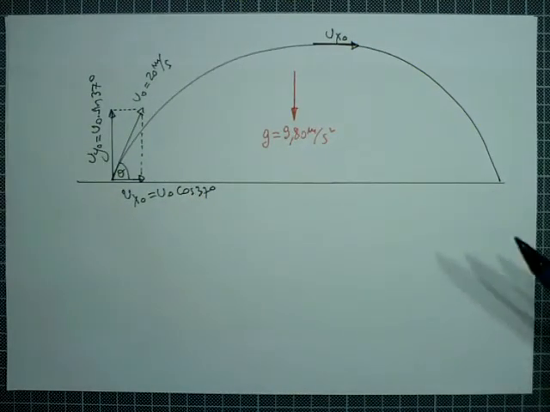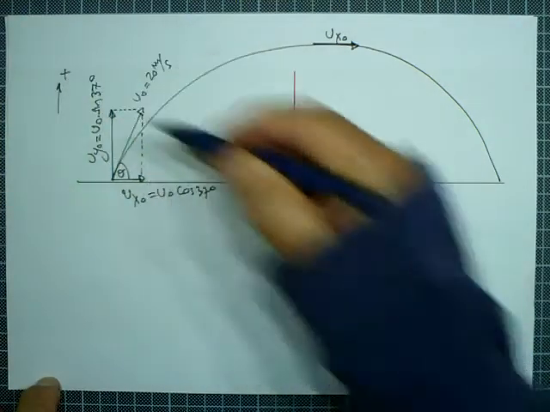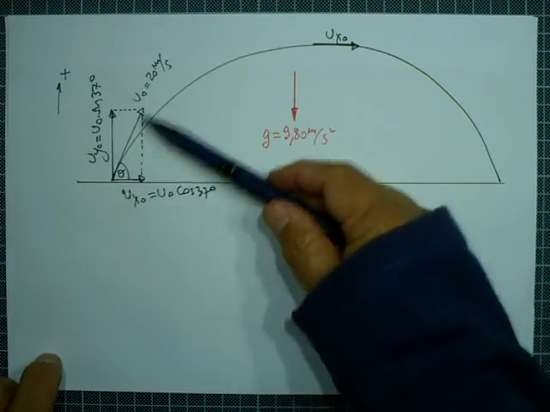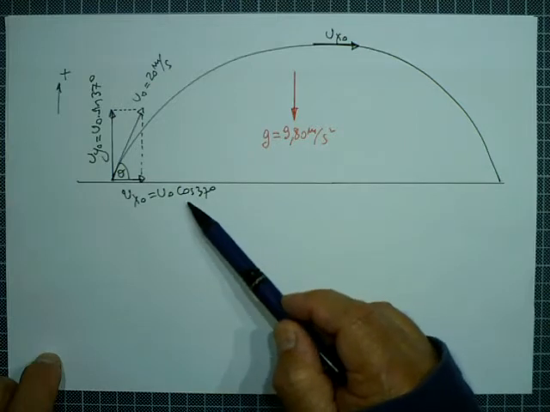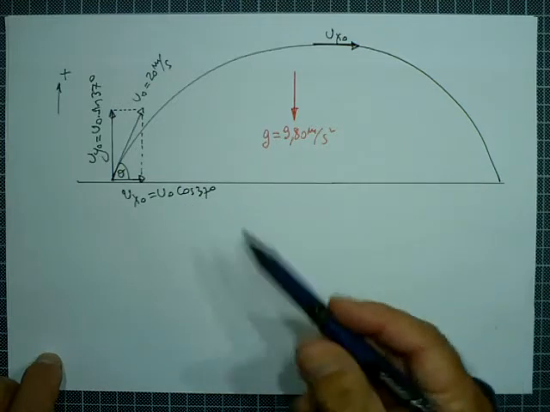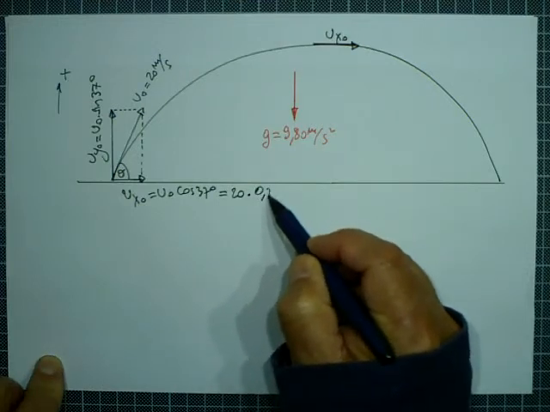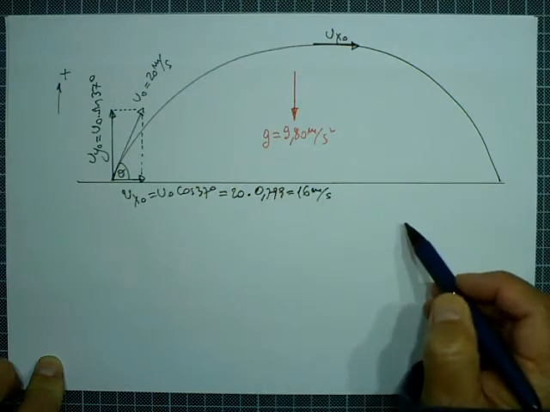First of all, we take the y direction as positive upward. The components of the initial velocity are Vx naught equals V naught cosine 37, which is 20 multiplied by 0.799, which gives 16 meters per second.